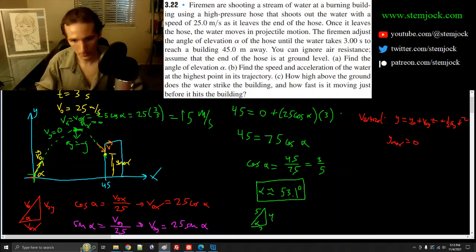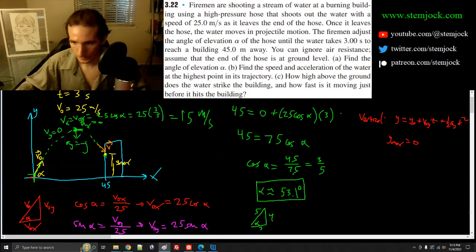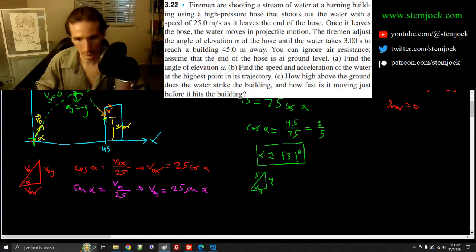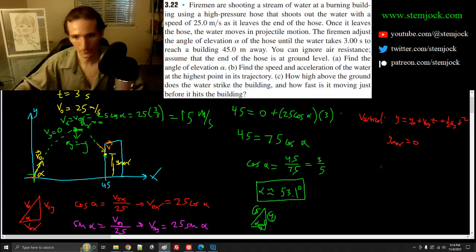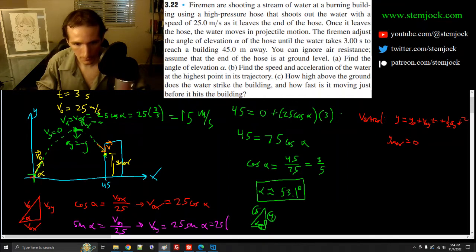So cosine of alpha is 3/5. So sine of alpha is going to be 4/5 because for a right triangle, if this is 3 and this is 5, this has to be 4, and sine of alpha is going to be 4/5. So 25 times 4/5. 5 times 4 is 20.